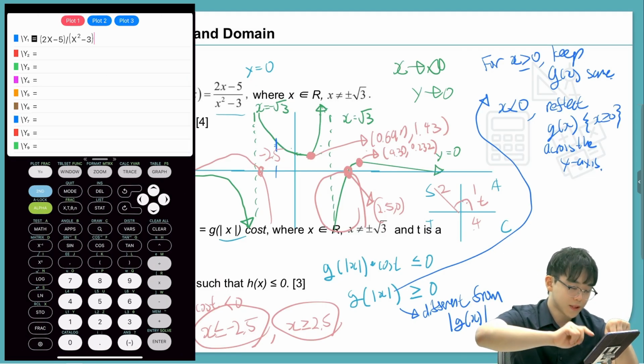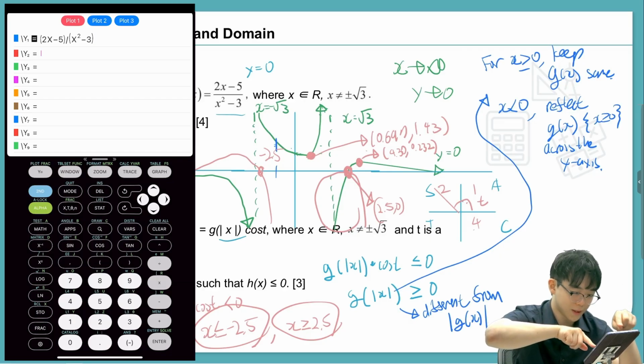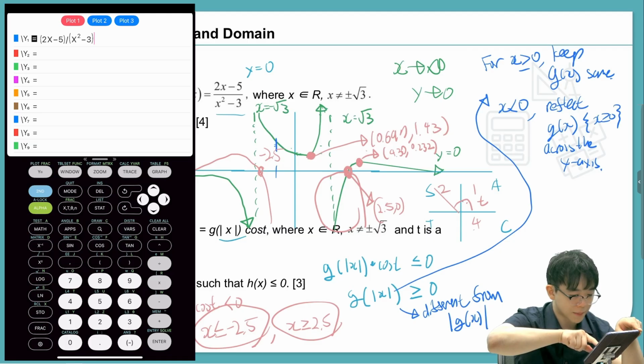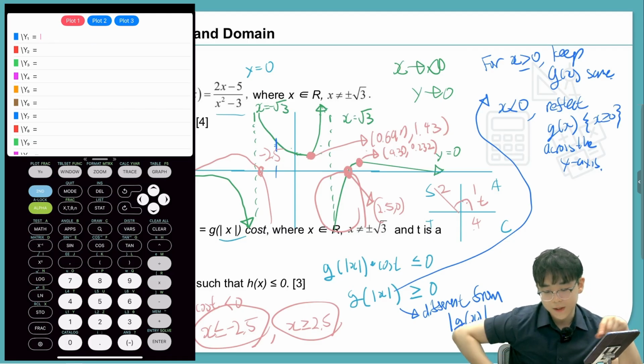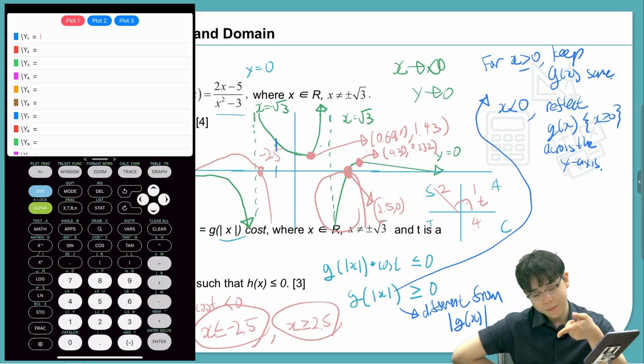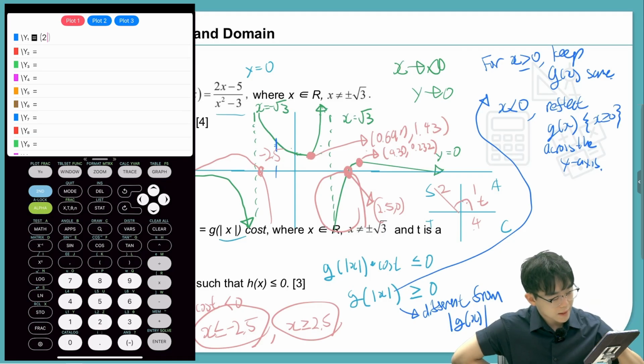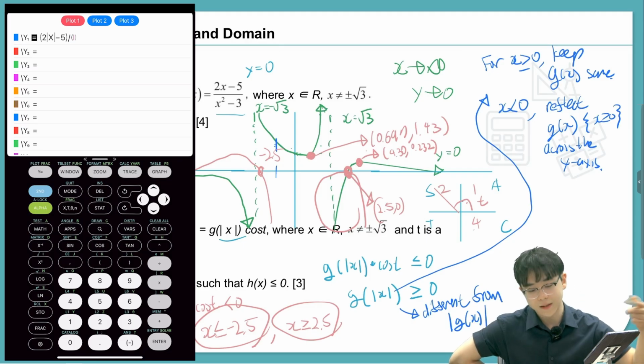And let me just redo this problem for you while using the absolute value sign. I'm just going to turn off our original function, and I'm going to show you the expression for absolute value of x. So g of absolute value of x means instead of 2x minus 5, we have 2 times absolute value of x minus 5, and the whole thing is going to be divided by x squared minus 3.